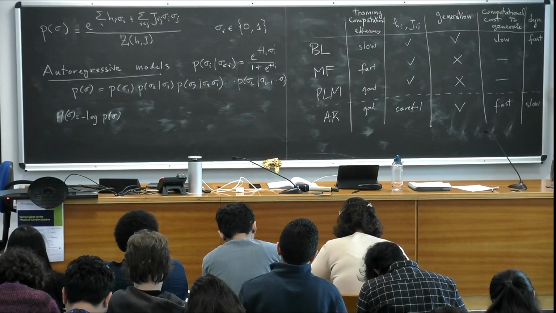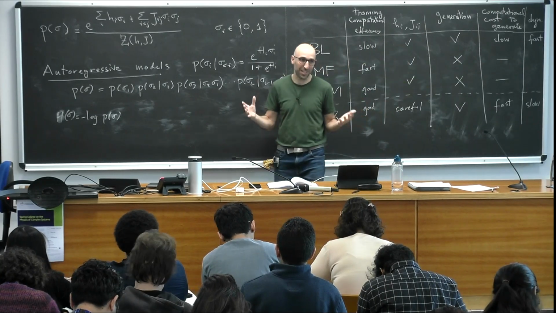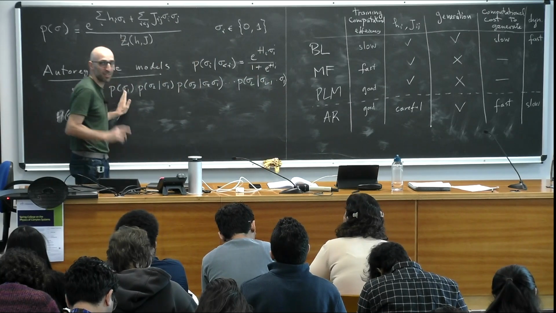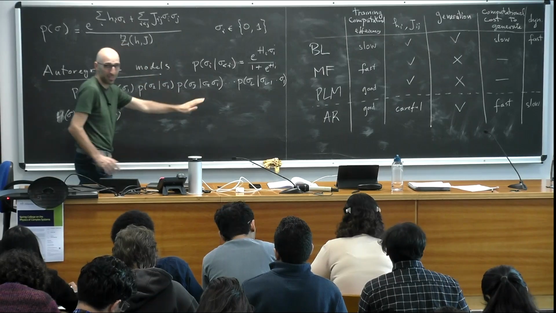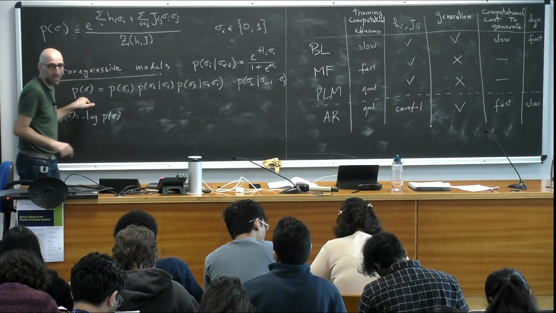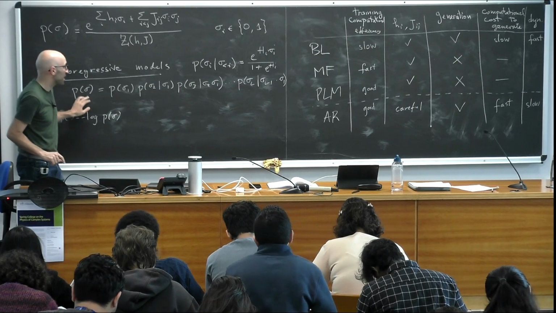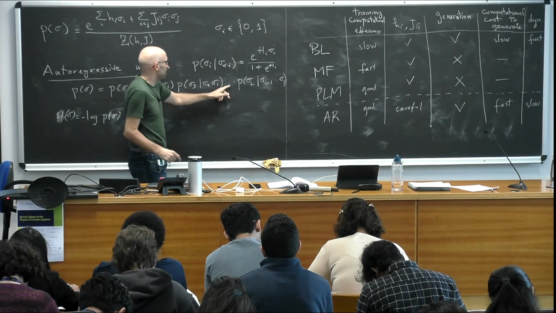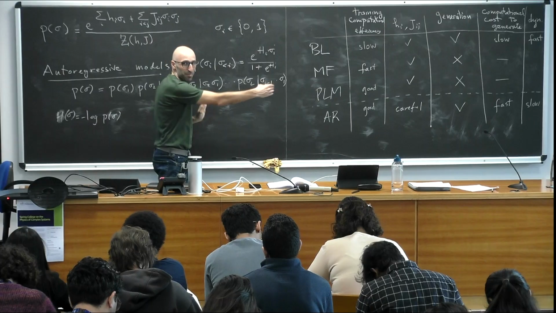because autoregressive models are very good if you want to generate a new configuration from scratch. You say, okay, I don't have a configuration, so I generate sigma 1, then sigma 2, then sigma 3, then sigma L, and it's very fast. But if you want to propose a mutation and accept it with this probability, then it's very complicated, because if you have a state and you want to change one sigma in the middle, you have to recompute all the probabilities of the following spins.